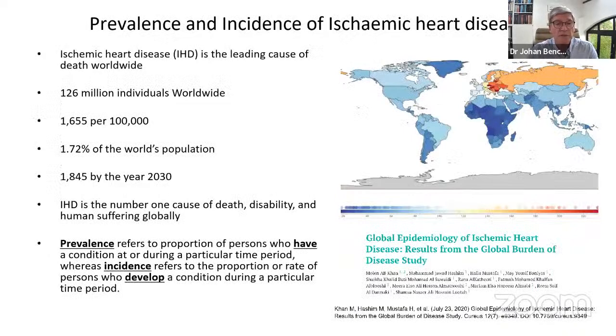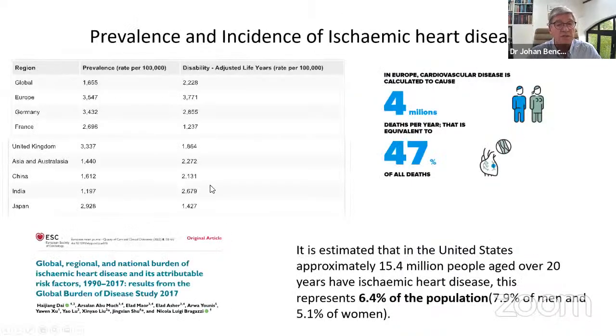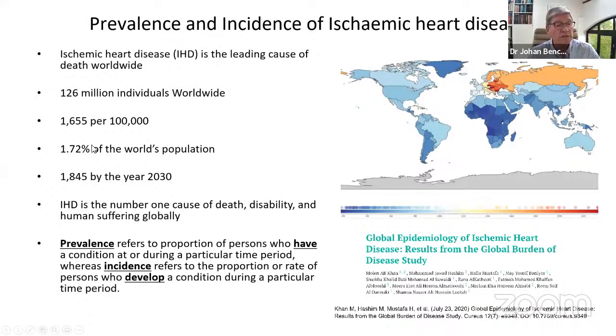Just about the prevalence and the incidence of ischemic heart disease, it's the leading cause of death worldwide. There are 12.6 million individuals in the world who die every year of heart disease. And you can see it has a huge impact. 1,655 per 100,000 people actually die of ischemic heart disease.